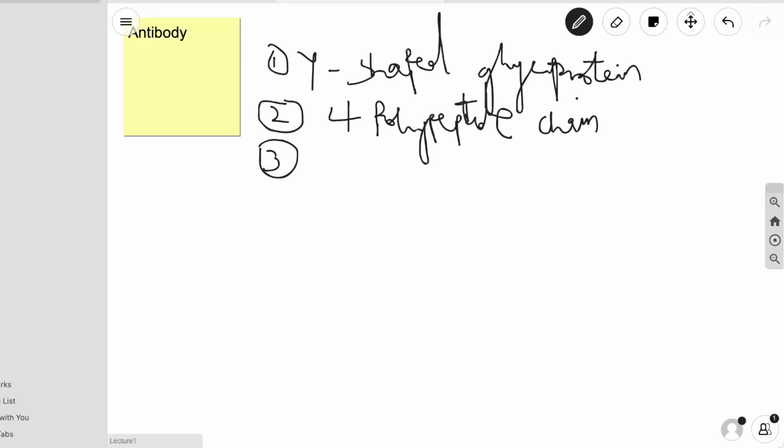The secretion of the antibody is at the plasma cells. So another question I'll throw to you is, which component of plasma cells is the antibody being secreted? It is at the plasma protein.